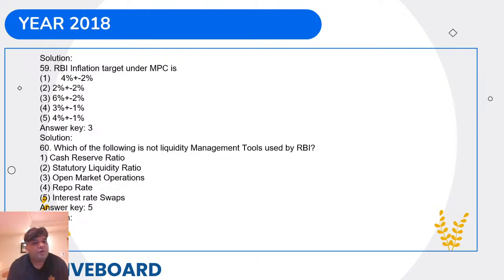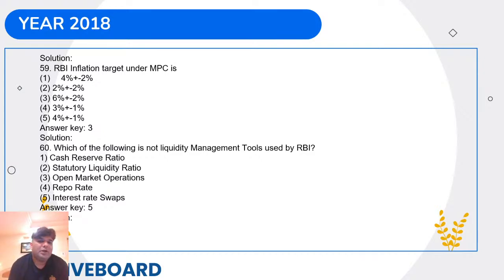Moving on, which of the following is not a liquidity management tool used by RBI? Cash reserve ratio, statutory liquidity ratio, open market operations, repo rate, interest rate swaps. I don't know whether you have gone through my lectures in the past, but I have spoken at length about liquidity management tools.